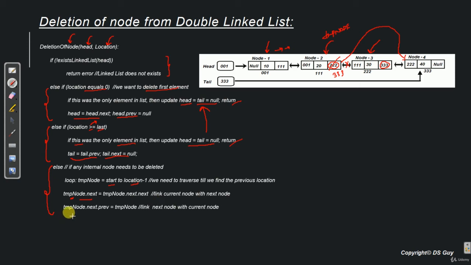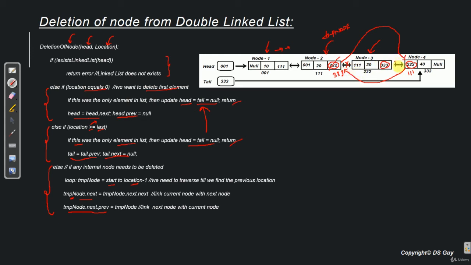Now next thing is temp node dot next dot previous. So temp node dot next is 333, dot previous is 222. So we update this value to temp node. What is temp node? 111. So this automatically creates a connection between node 4 and node 2.